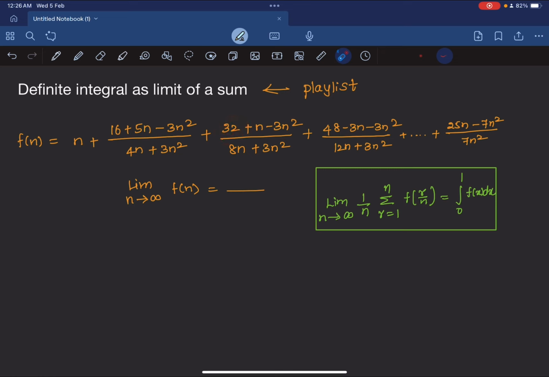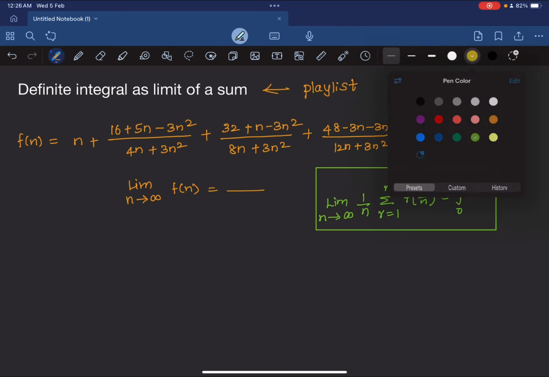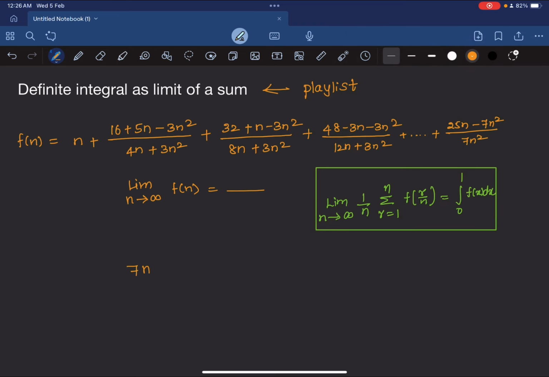So these are just the multiples of 16. If you observe the denominator, the first term is 4n, 8n, 12n. So these are the multiples of 4, and the last term is 7n square.